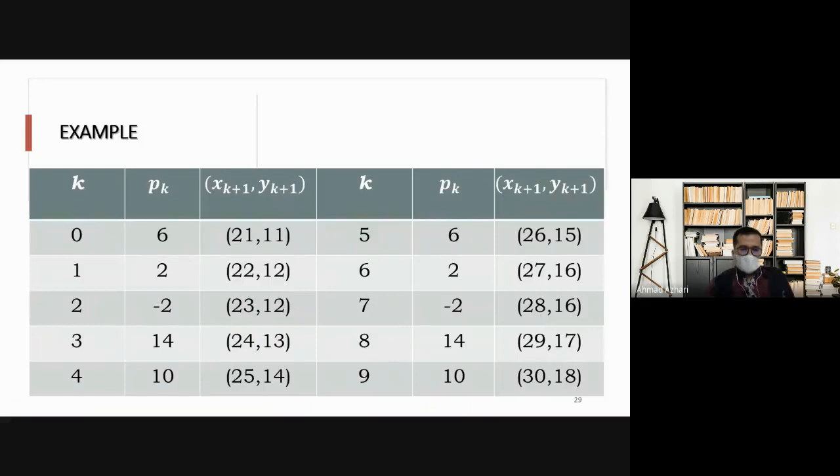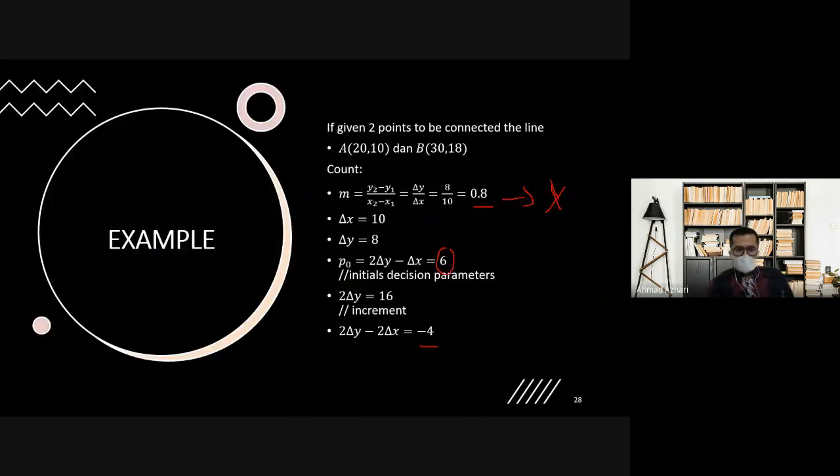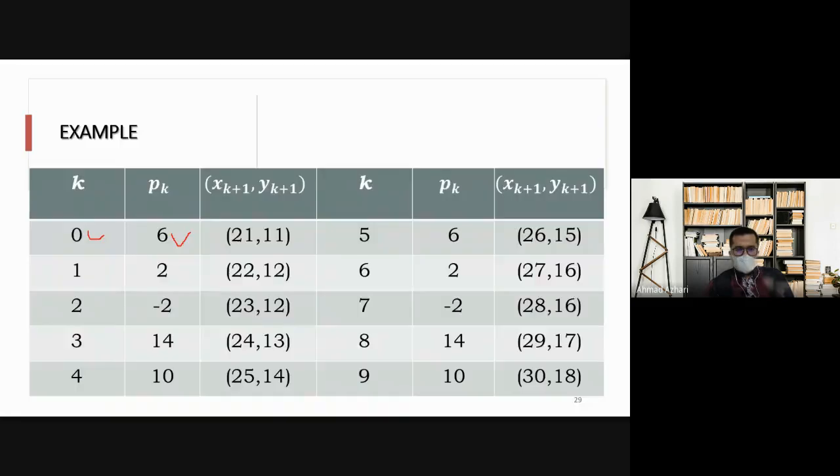Can you see this? The first k is 0, with the current p being 6, we move x by 1 and y by 1. Because A is 20 and 10, we move it to 21 and 11, 20 plus 1 and 10 plus 1.